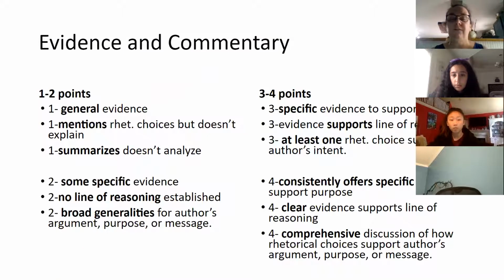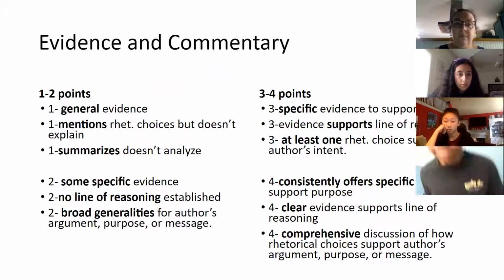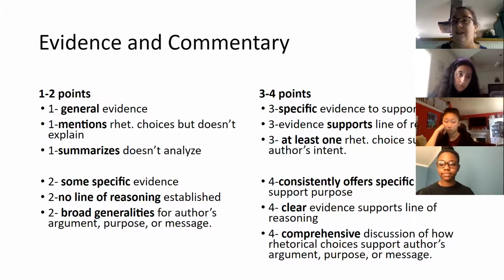And then I divided it up because I want to talk about the 1 and the 2 and the 3 and the 4. So look at the words that I put bolded in the difference between the 1 and the 2 and the 3 and the 4. So the 1 and the 2 is general, some specific, mentions rhetorical choices but doesn't explain them, summarizes, right? No line of reasoning or an attempt at the line of reasoning, broad generality.